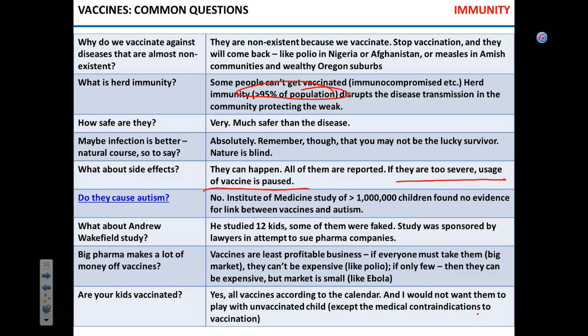If they are severe, vaccine usage is paused. An example is the first version of the tetanus, diphtheria, pertussis vaccine. Initially, it had inactivated Bordetella pertussis microbes in it, and it caused pretty bad side effects, like people ran a fever for a couple of days. So it was very active, but also reactogenic.